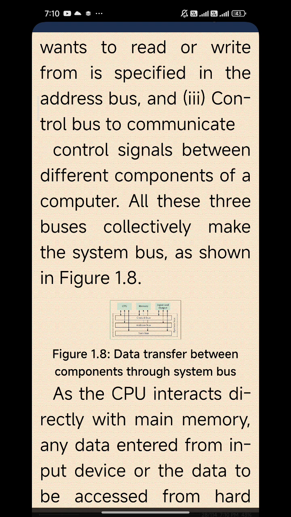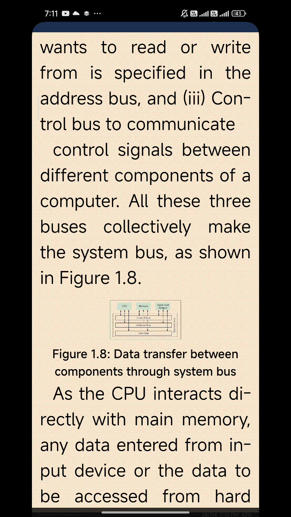All these three buses collectively make the system bus as shown in Figure 1.8. CPU, memory, input and output, control bus, address bus, data bus, system bus. Figure 1.8. Data transfer between components through system bus.